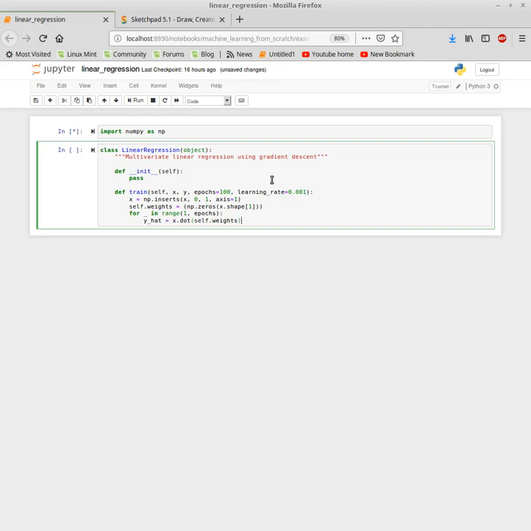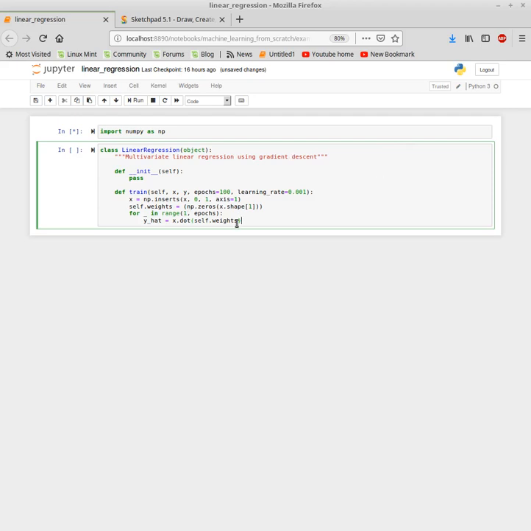The dot product is just you line up your X values, your X1 values, and you multiply them by your weight values, your W1 values, and then the dot product after is just you sum them up. So it's basically what y hat does.